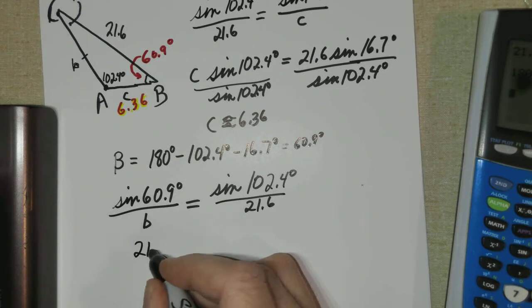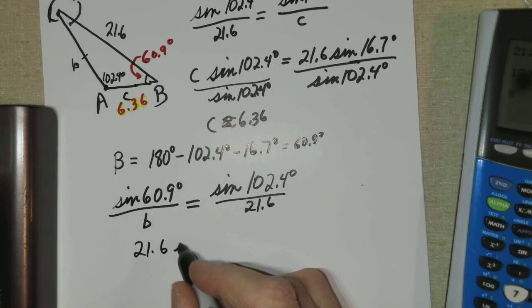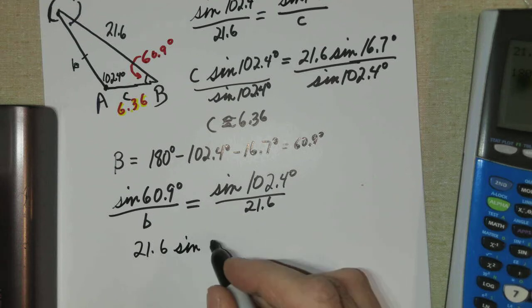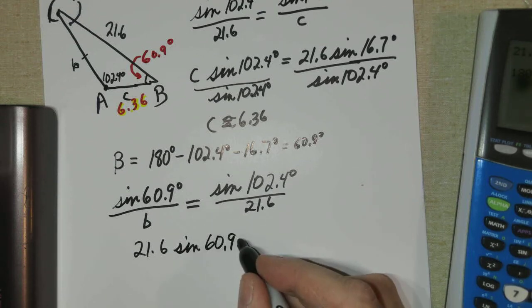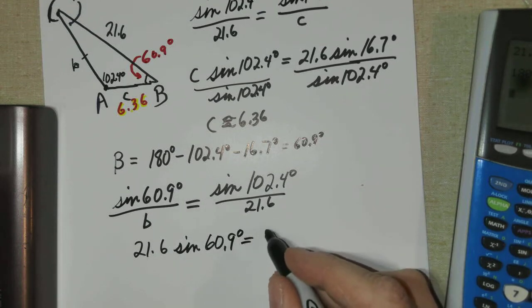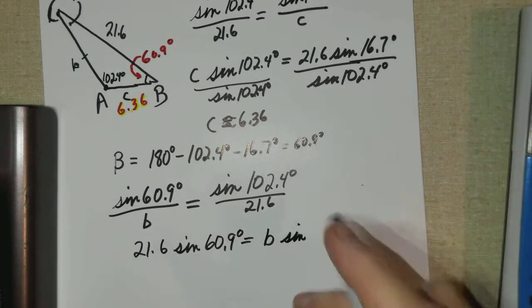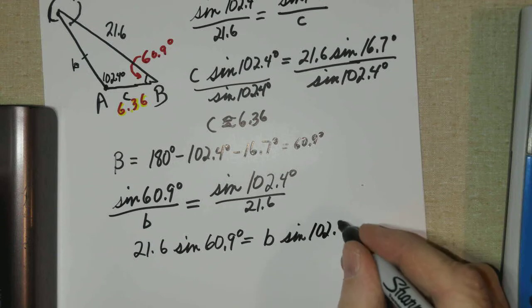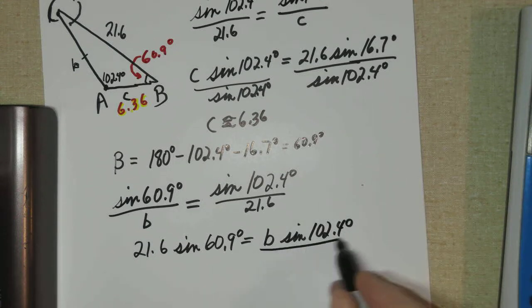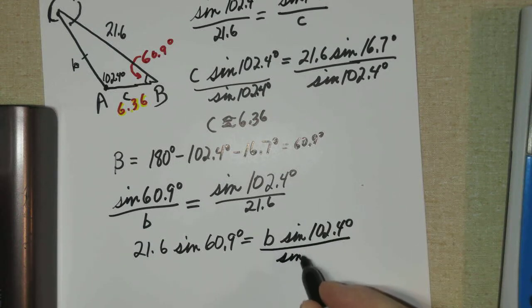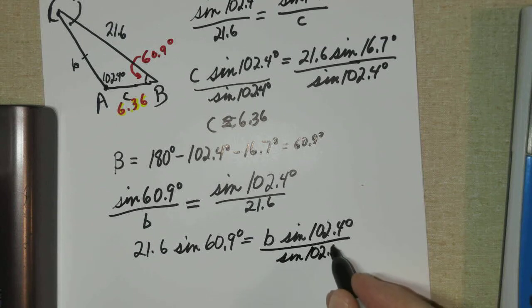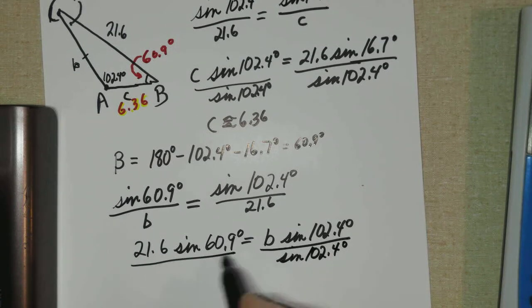And 21.6 times the sine of 60.9 degrees equals B times the sine of 102.4 degrees. And just keep solving for B.